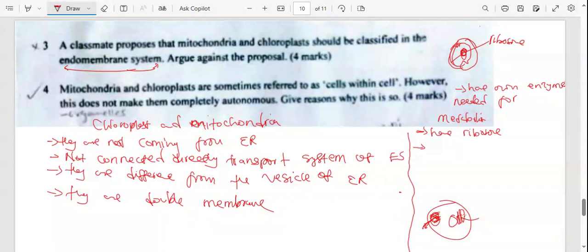And also the chloroplast, there are two of these guys. So meaning that everything will be done, such as synthesis of food and synthesis of proteins will take place within them.